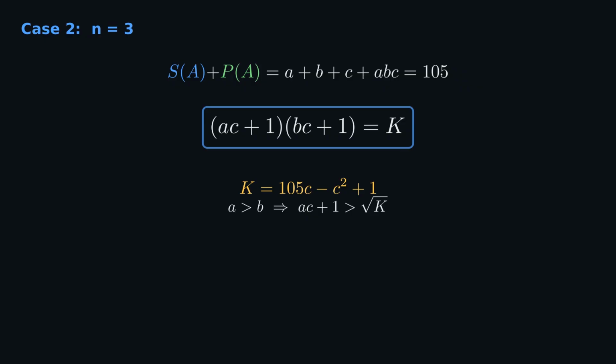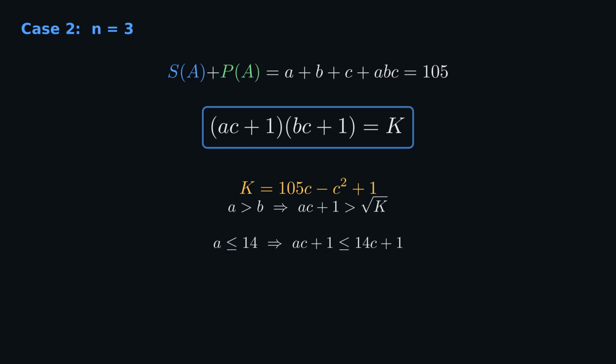Now note that since a is bigger than b, ac plus 1 is bigger than bc plus 1. And so what this means is that ac plus 1 has to be bigger than the square root of K. So this gives us a lower bound on one of the factors here. And we also know that a has to be less than or equal to 14, since that's the biggest number in our set.